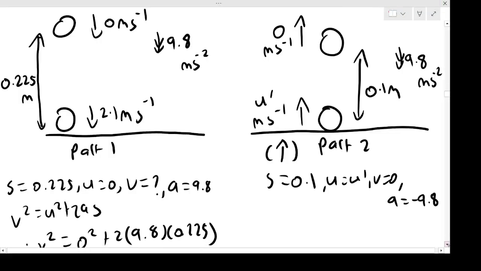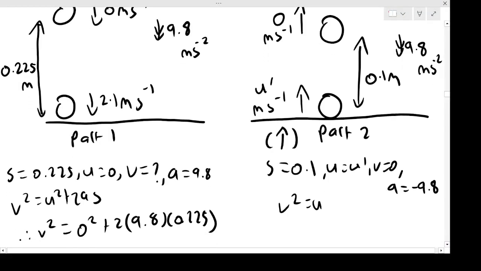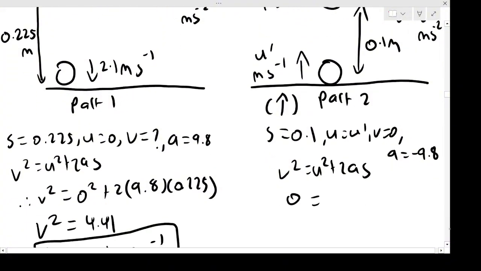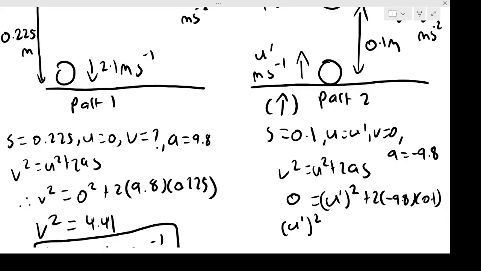So now again, I'm going to use V squared is U squared plus 2AS. But now V squared, that's 0, it's going to equal U dash squared plus 2 lots of minus 9.8 lots of 0.1. So we can solve for U dash here. That means U dash squared is going to equal 1.96.